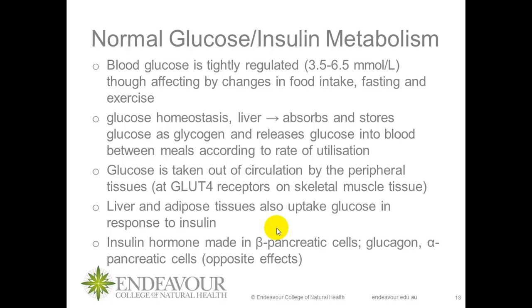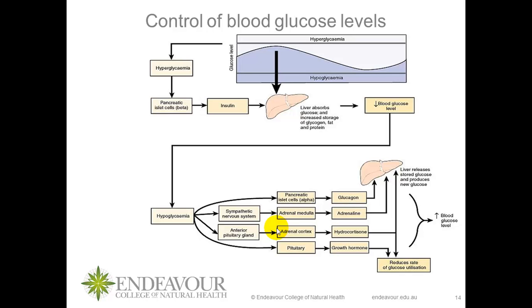But once again, insulin always opposes the effects of glucagon. So here's a summary of some of those hormones. In addition, there are some pituitary hormones and adrenal hormones that likewise also affect carbohydrate, protein, and lipid metabolism.